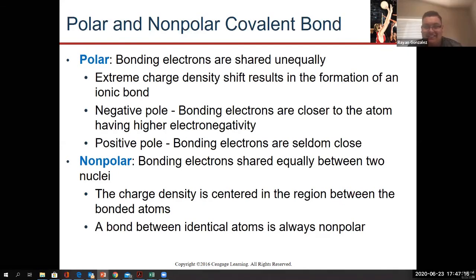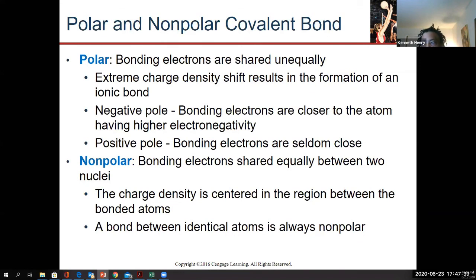Okay, so we've talked about polar versus nonpolar. We said polar was that uneven sharing, right? Then you have what we call a positive and negative pole, your partial positive and your partial negative. And then nonpolar is when you have even sharing.